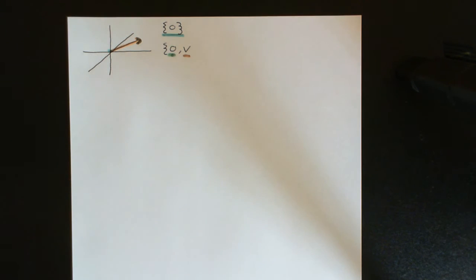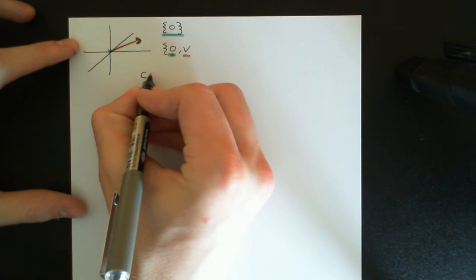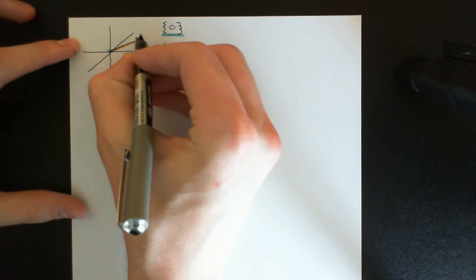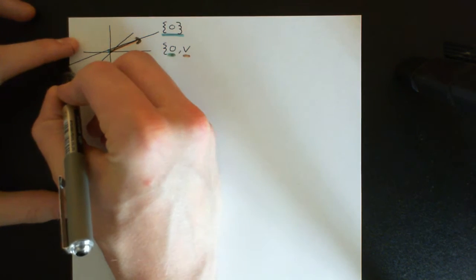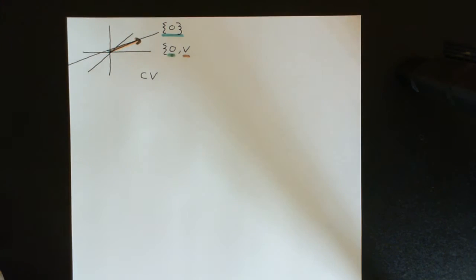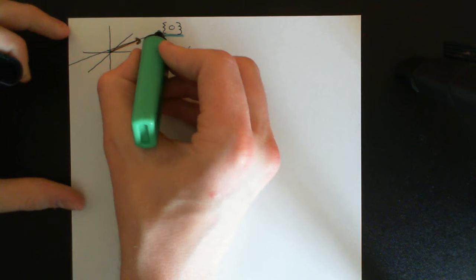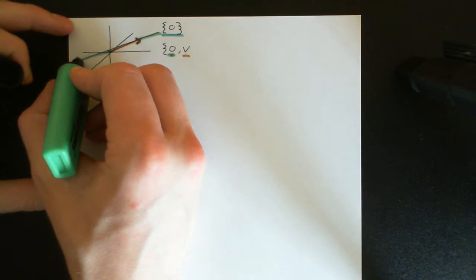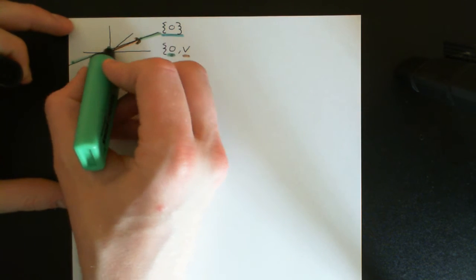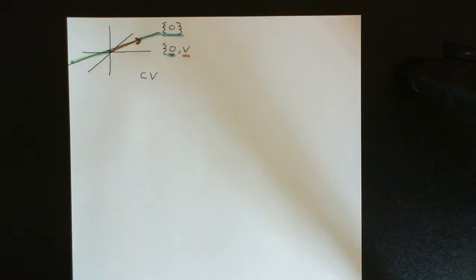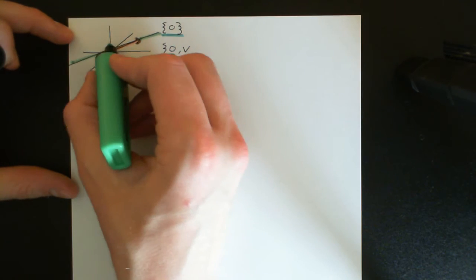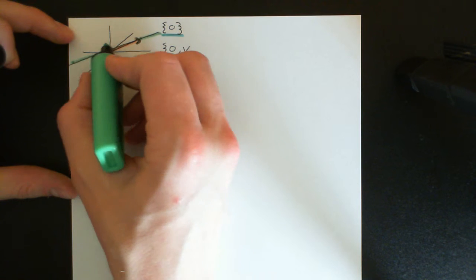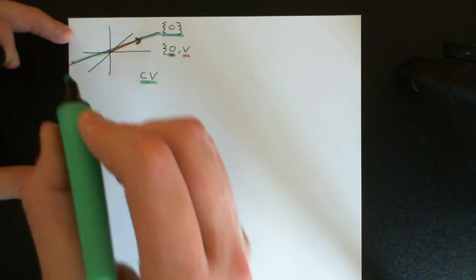So if I let c vary over all real numbers, then c times v can actually give me any vector that lies along this line that is parallel to that orange vector here. Okay, so what should I colour that in? So here is this line that that orange vector is part of, basically. And by multiplying that orange vector by any real number, I can turn it into any one of the position vectors to any of the points on this line.